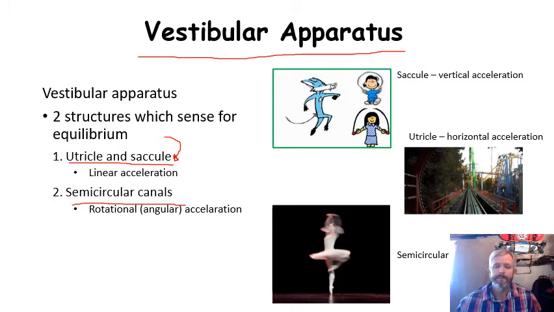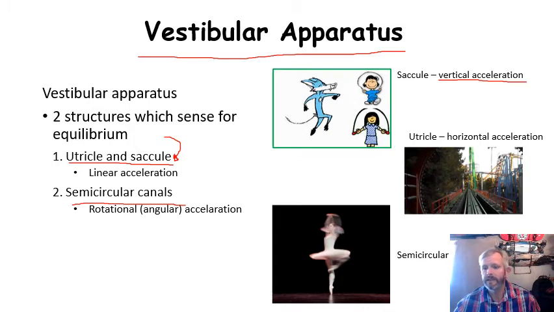When you jump rope, what's your head doing? It's going up, down, up, down. That is your saccule. The sensory organs of the saccule are giving us our vertical acceleration, as if we're jump roping. Anybody recognize this? This is Montezuma's Revenge at Knott's, and it takes off very quickly in a horizontal direction.